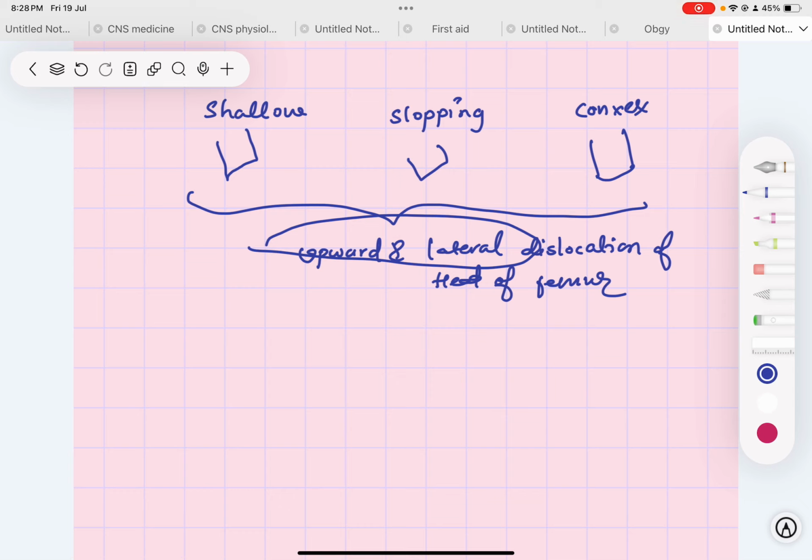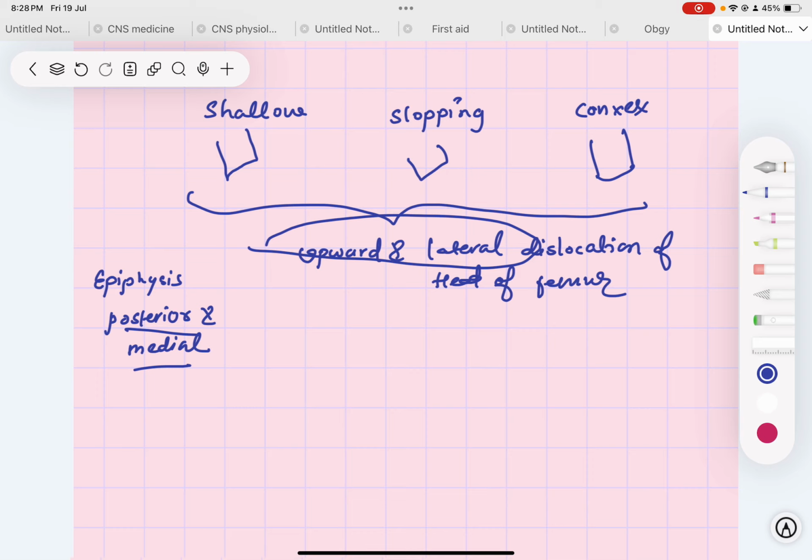Previously we have seen that the epiphysis is going posterior and medial, and here it is upward and lateral dislocation of the head of the femur. So the sides we have to remember.